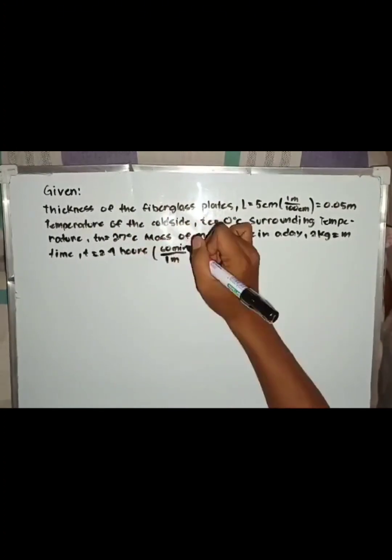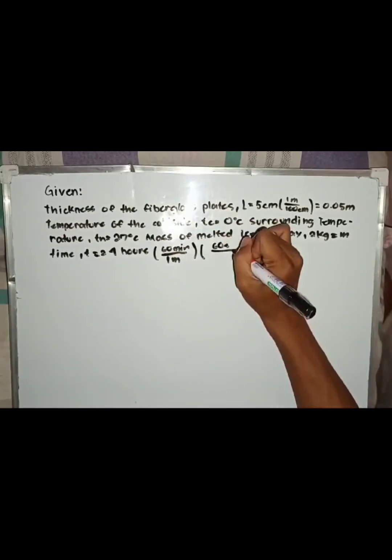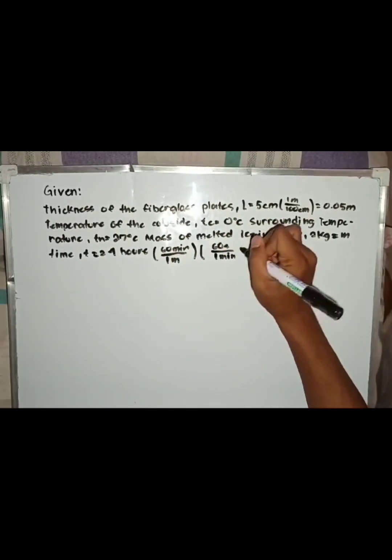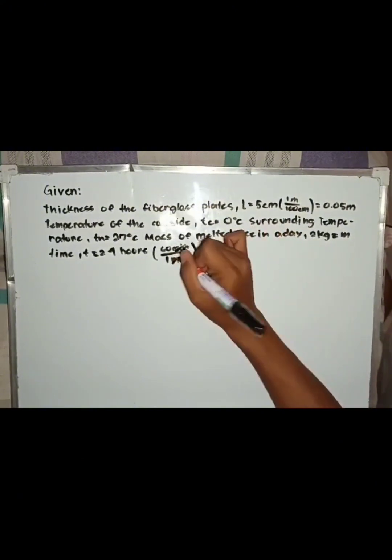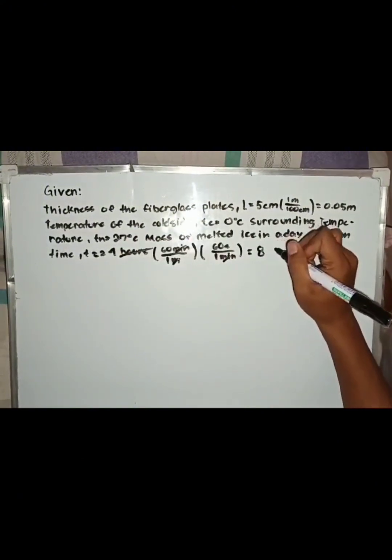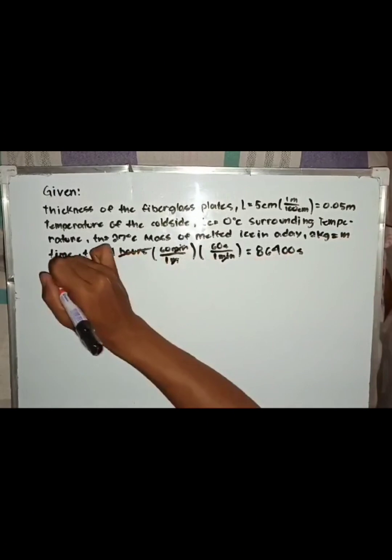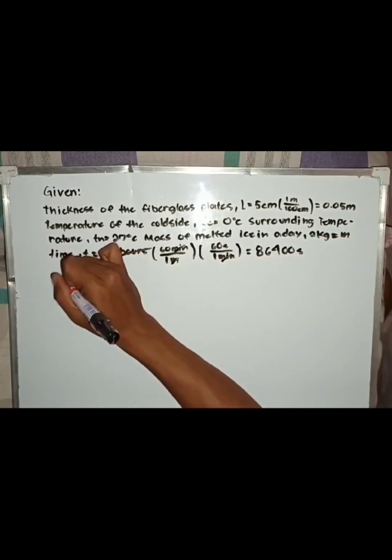So it is equivalent to 24 hours in a day. Let's convert these hours to a smaller unit to be uniform and consistent, which is seconds. So 24 hours times 60 minutes over 1 hour times 60 seconds over 1 minute.